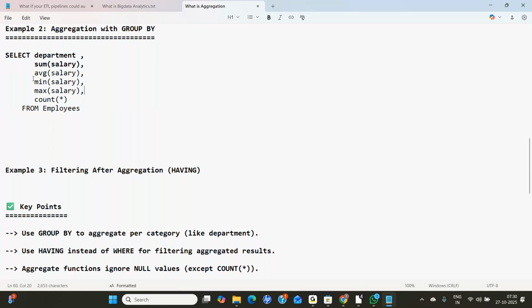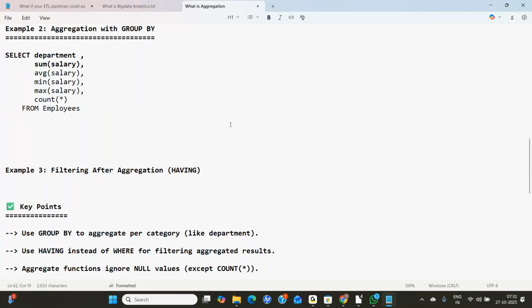The reason is that sum, average, min, max, count are all aggregated columns. Other than aggregated columns, you have a non-aggregated column called department that should appear in the group by clause.